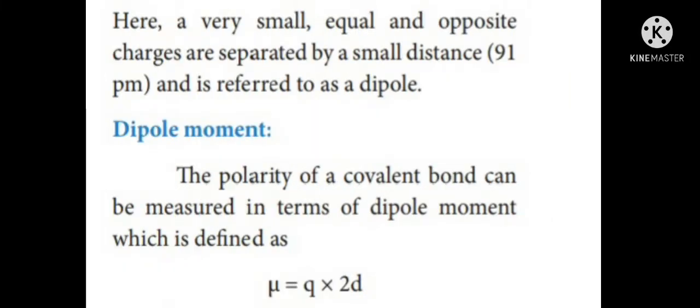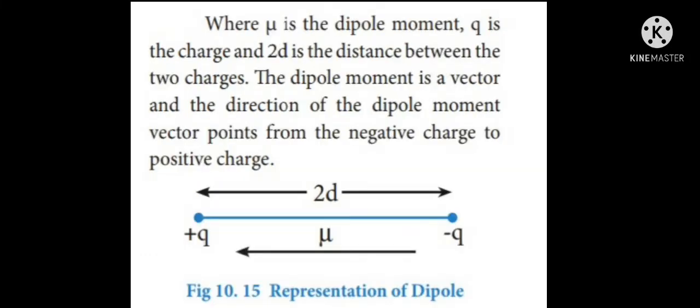Here, very small, equal and opposite charges are separated by a small distance, 91 picometer, and this is referred to as dipole. Next topic, dipole moment. The polarity of a covalent bond can be measured in terms of dipole moment, which is defined as mu equal to q into 2d, where mu is the dipole moment, q is the charge, 2d is the distance between the two charges.